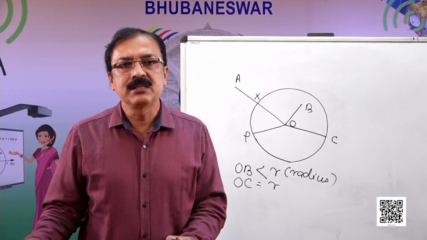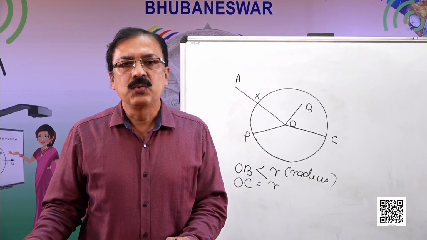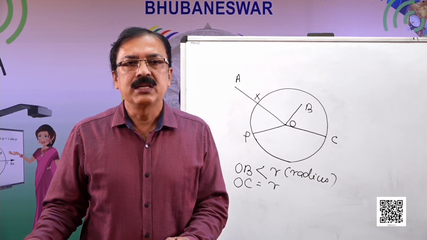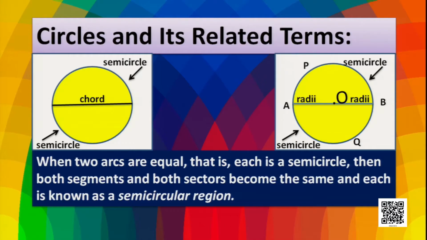So what happens if the two radii are on the same line? Then when two arcs are equal, that is, each is a semicircle, both segments and both sectors become the same and each is known as a semicircular region.